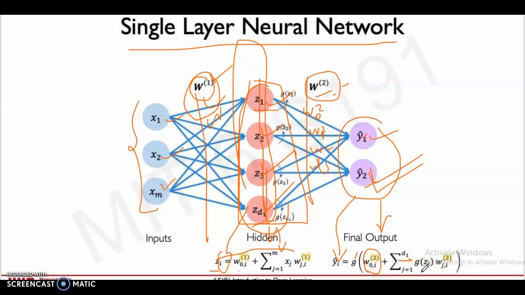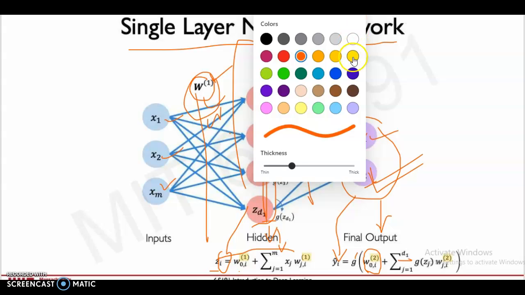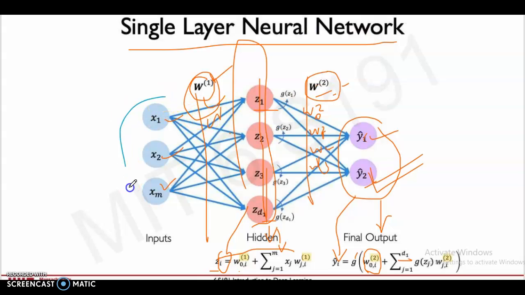g of z1. g of Z1 is the result; g of Z1 goes in here instead of X1, and so on.